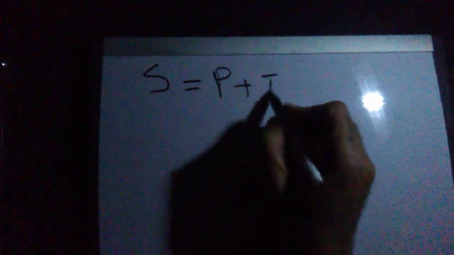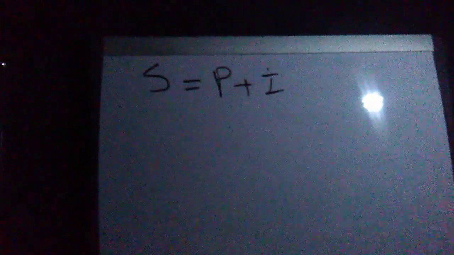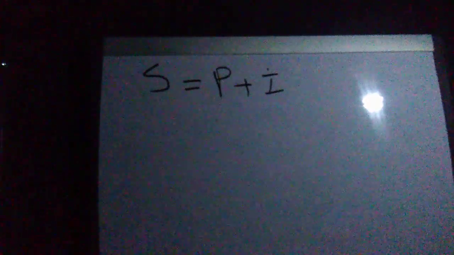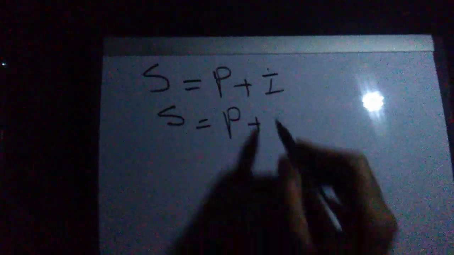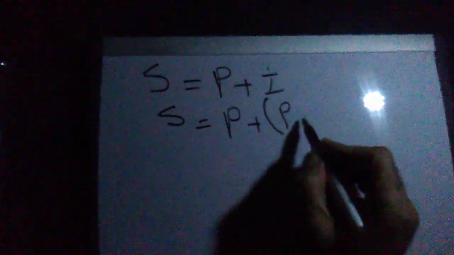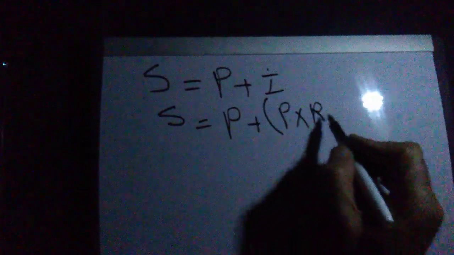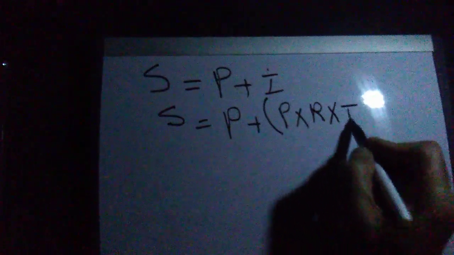You told me that the sum equals the principal plus the interest. So the sum will equal the principal plus, how will I get the interest? The interest is the principal by the rate by the time.